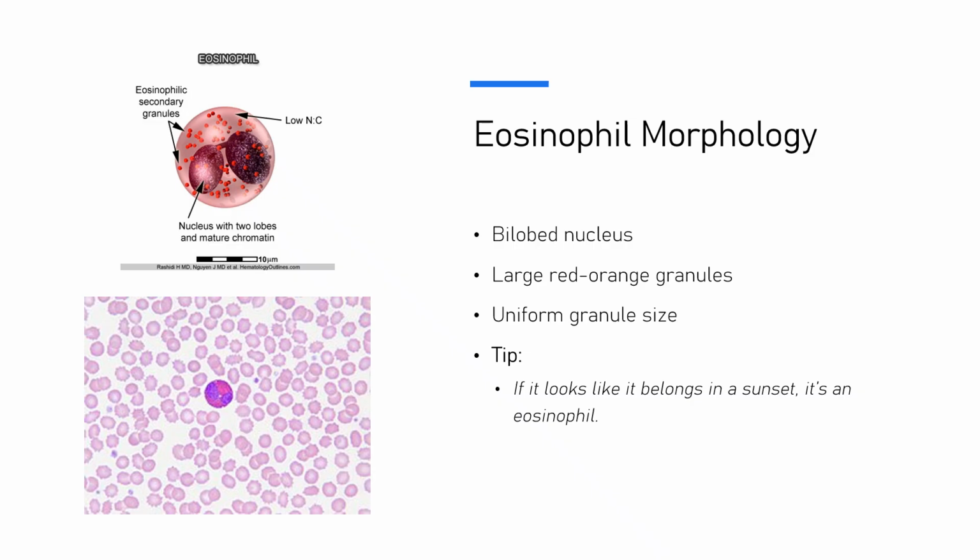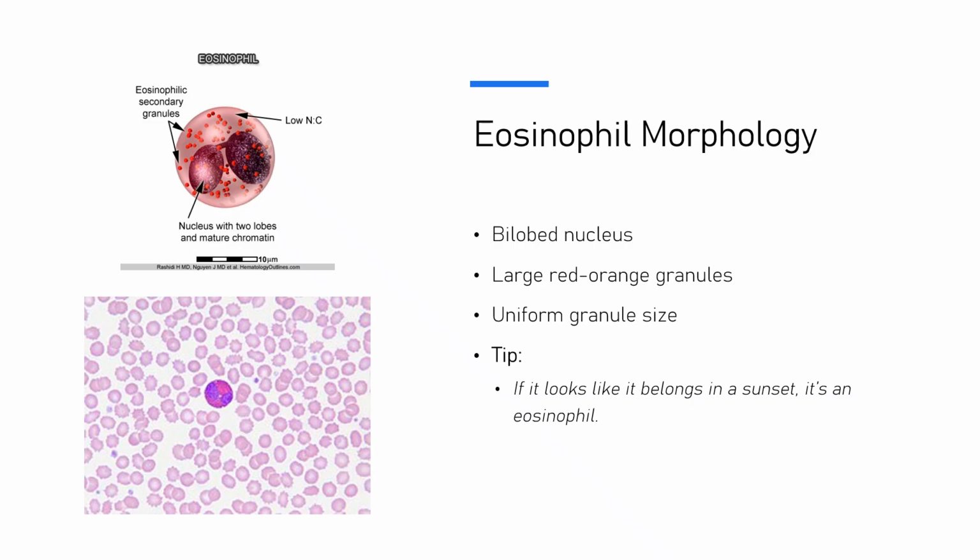Now let's talk about what eosinophils look like under the microscope, because their morphology is extremely distinctive, as I've mentioned. The nucleus of an eosinophil is typically bilobed, meaning it has two nuclear lobes connected by a thin chromatin strand. Some students describe it as looking like a pair of sunglasses or a dumbbell shape. But the most obvious feature of eosinophils is their cytoplasmic granules.